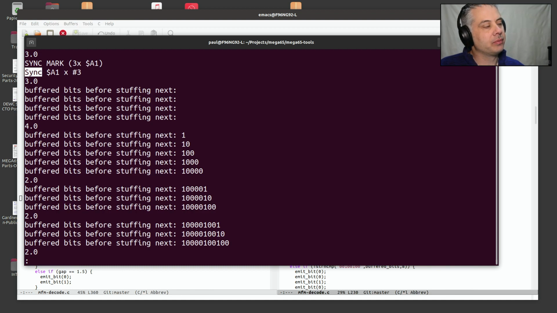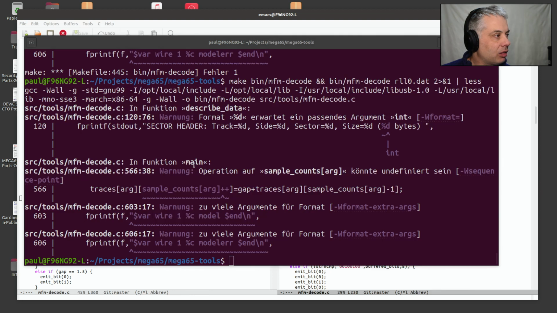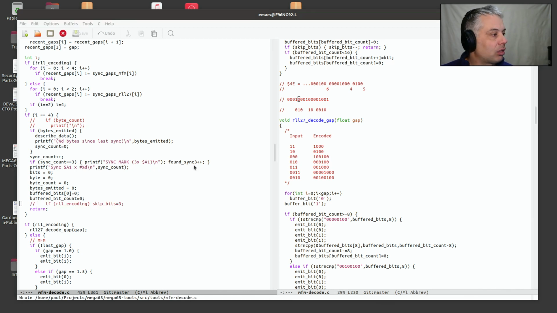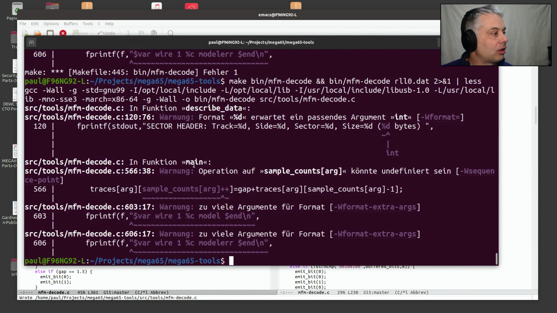So we actually don't need to skip 3 bits, we need to pop 3 bits off the front. And the trouble is we don't know how many bits were already in the buffer. So it must be doing this in the hardware a slightly different way. So I think we can say we don't need to skip bits and we should get something closer.